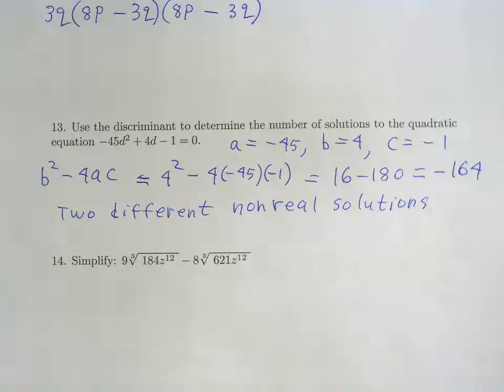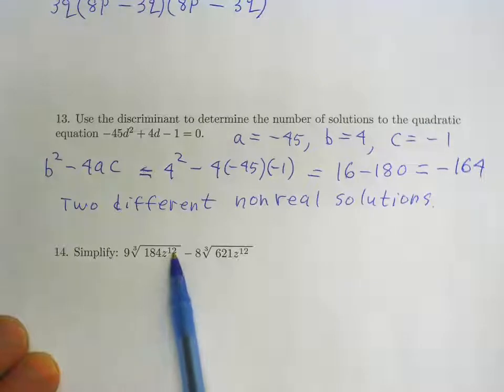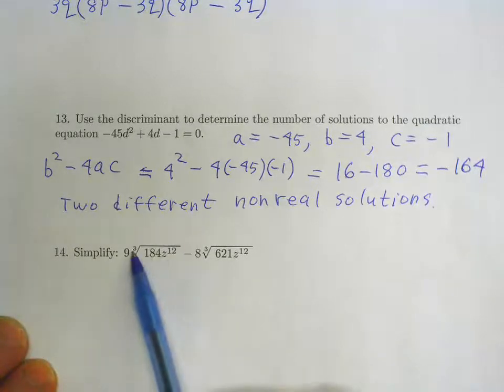Okay, the next example, simplify 9 times the cubed root of 184z to the 12th minus 8 times the cubed root of 621 times z to the 12th. Well, z to the 12th is a perfect cube because the exponent 12 is a multiple of 3.